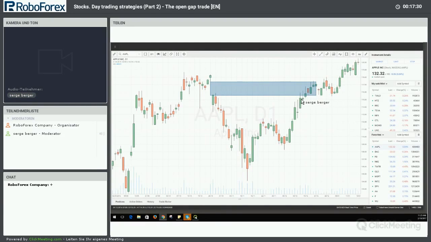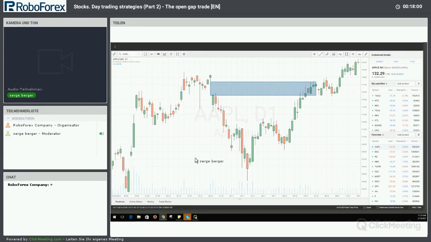Once the stock starts pushing into this area of resistance, or into the gap, the lower part of this box, particularly when it holds and closes in there on a daily basis, it's definitely worth a shot to try to play that trade to the upper end of the range for the full gap trade.